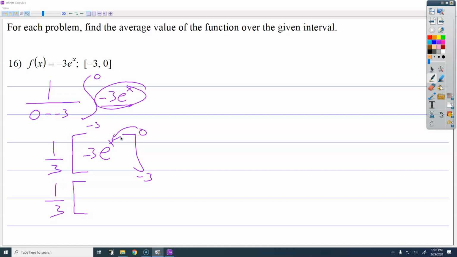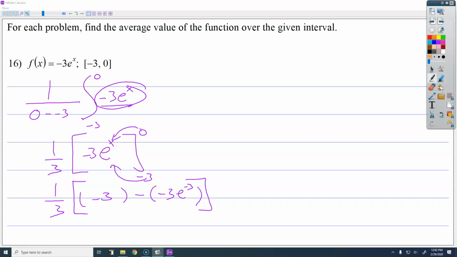E to the 0 is 1, so we're left with, well, let me get my setup here first. So plug in 0, we get 1. Negative 3 times 1 is negative 3. And then we'll plug in 3, and we get negative 3 e to the negative 3. All right.